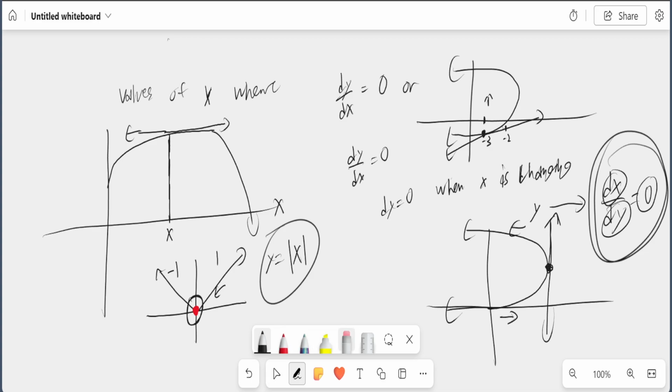But if we look at the vertical line right here, x is not changing. No matter what, x is moving this way, and then it stops.